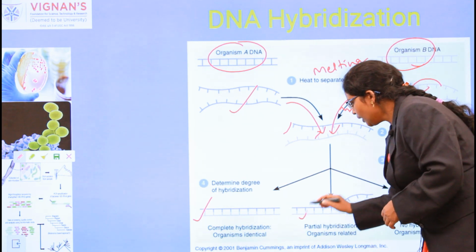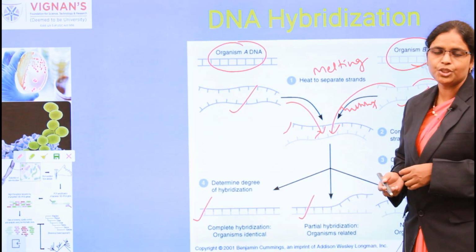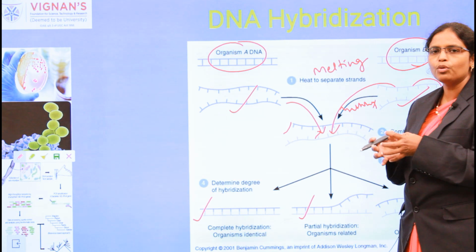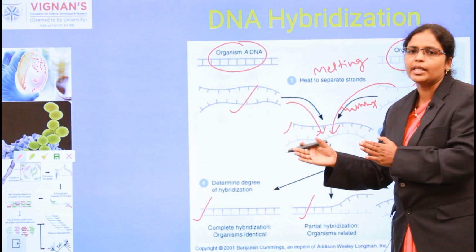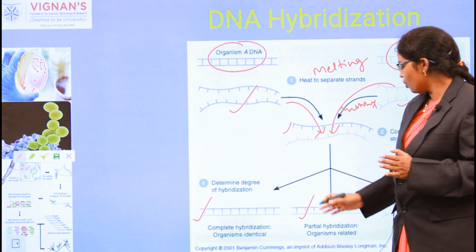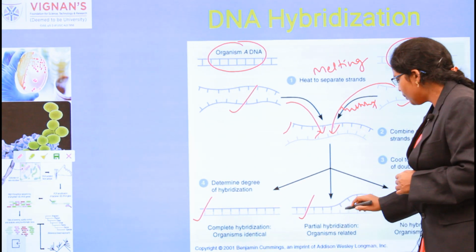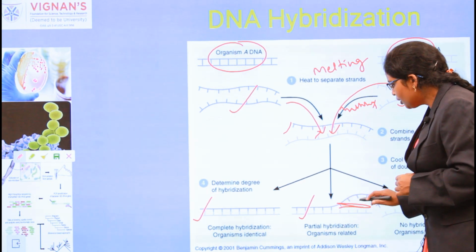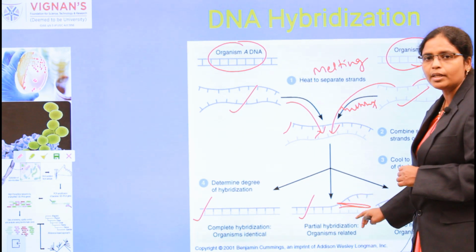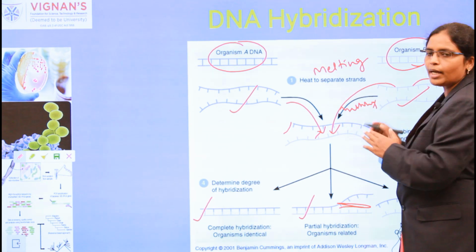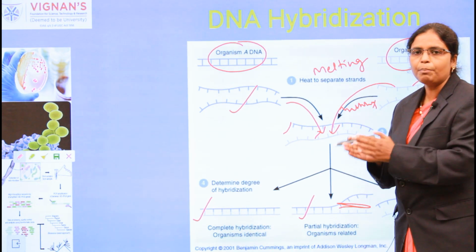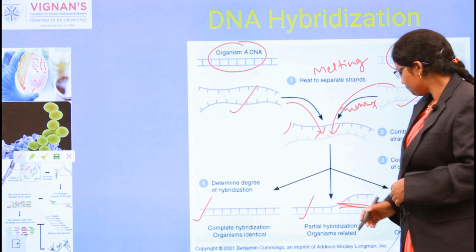In the second case, partial hybridization, some of the nucleotides are not complementary with the other strand. So we observe partial hybridization. Here the nucleotides are not complementary with each other, which means these two organisms differ in a particular portion.